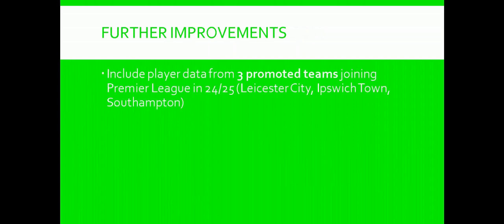In terms of further improvements to the project, it would be great to expand upon this to also include data for the newly promoted teams such as Leicester City, Ipswich Town and Southampton. Perhaps by looking at the players from these clubs, we could find even more players who are paid a relatively low salary who'd be great in a fantasy league for next season.